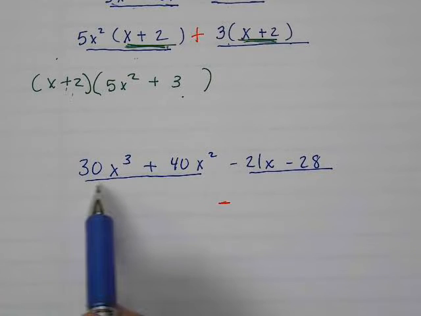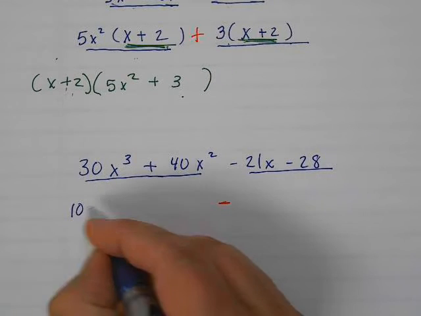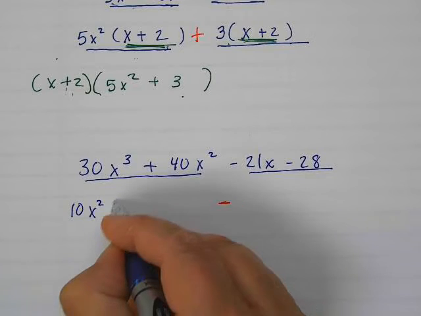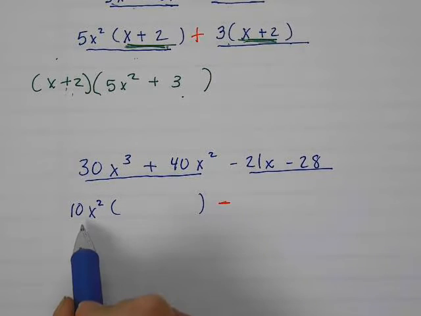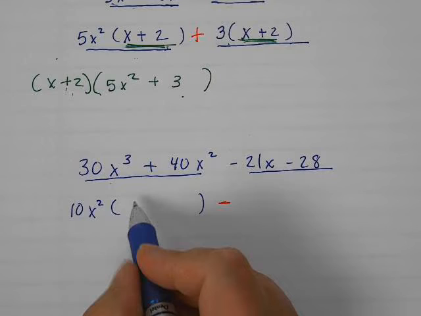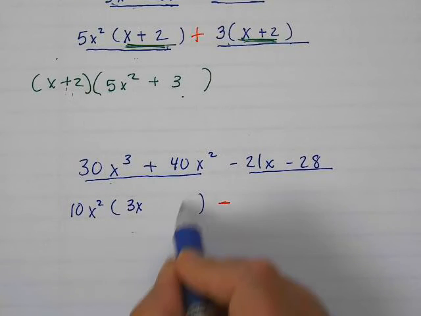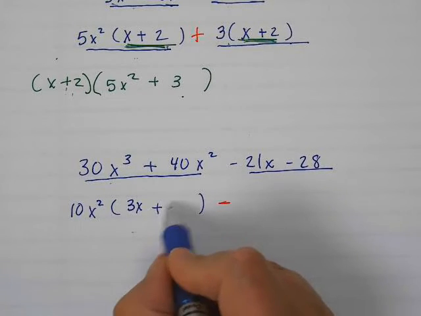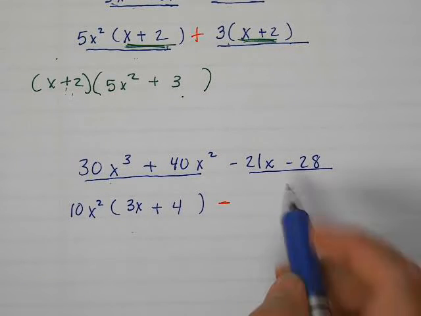So amongst this group, I have to see what they have in common. They have a 10 in common and an x squared in common. So then I'm going to write what's left. What do you take times 10x squared to get 30x cubed? A 3x. What do you take times 10x squared to get 40x squared? Plus 4. Over here, what do they have in common? A 7.